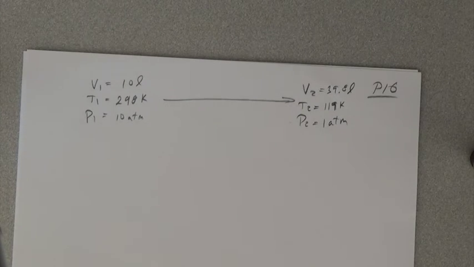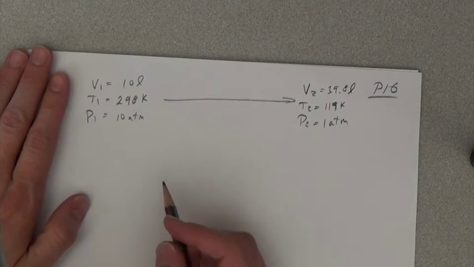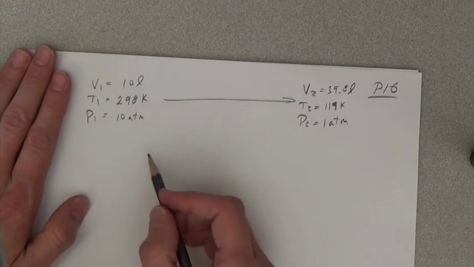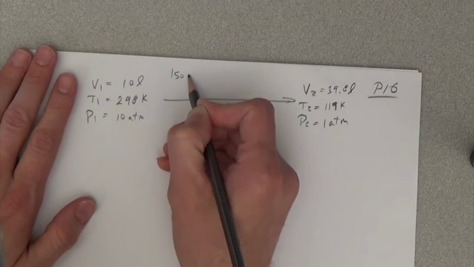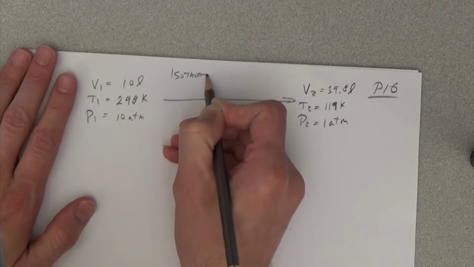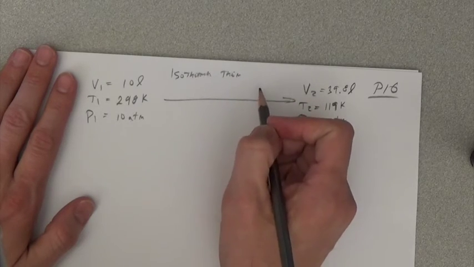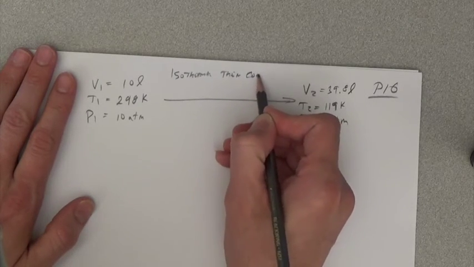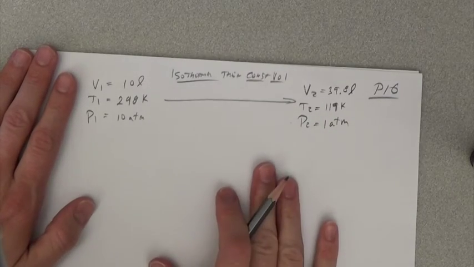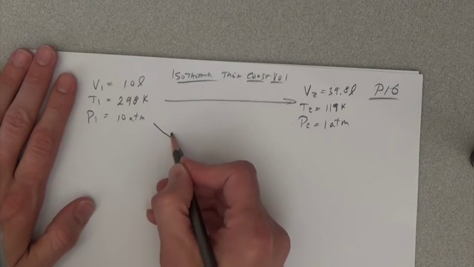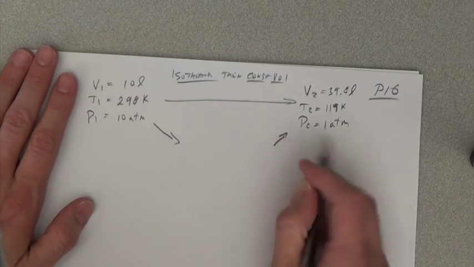And the problem asked us to look at 5 different paths. So let's start with the path which is isothermal, followed by constant volume. Which means that basically this is going to an intermediate, and from that intermediate it's going to the final.